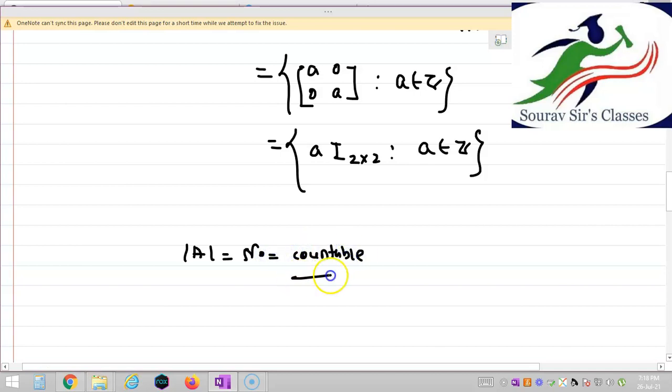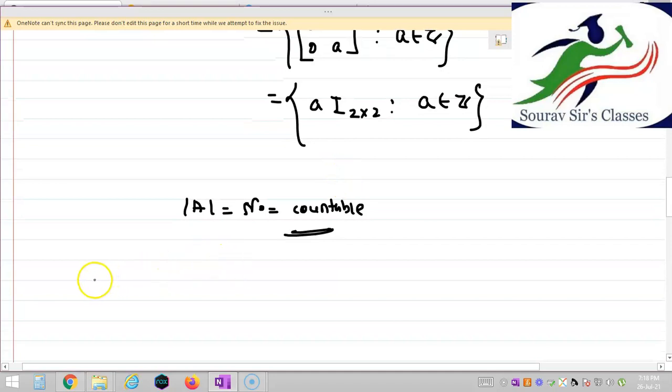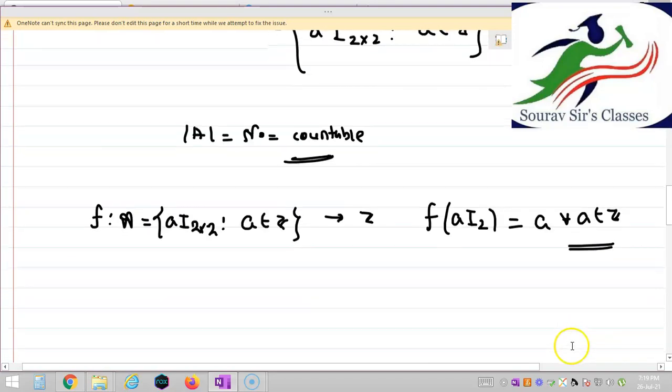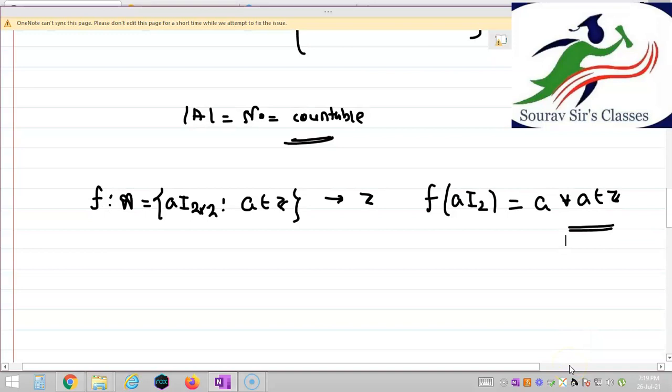If you don't know anything about aleph naught, you can say there is a bijective mapping between this set and the integers. So there exists a mapping f from script A to the set of a times I2 such that a belongs to Z, where f of a times I2 is equal to a for all a belongs to Z. You can see that this mapping is bijective.